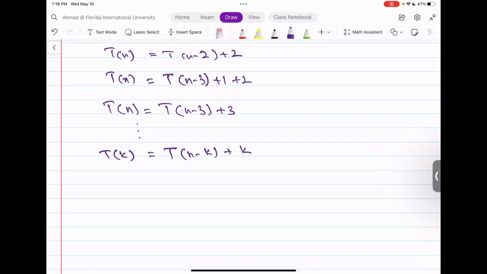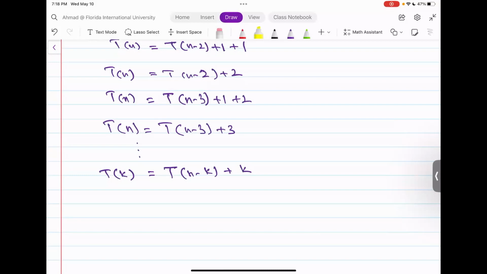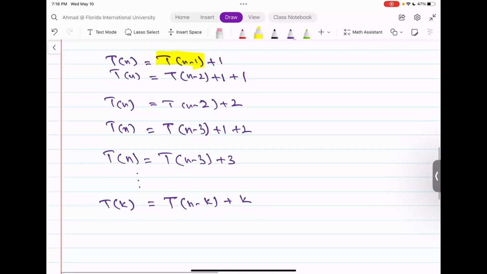How do I get this one? If you note the pattern here, if it is t of n minus 1, it is 1. If it is t of n minus 2, we have 2. T of n minus 3, we are going to have 3. So if it is t of n minus k, this should be n minus k plus k.